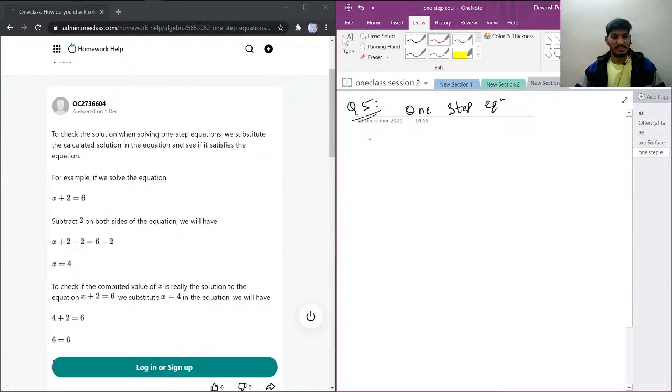this is very easy. We have the equation x plus 2 equals 6. I will subtract 2 from both sides and I will get x as 4.